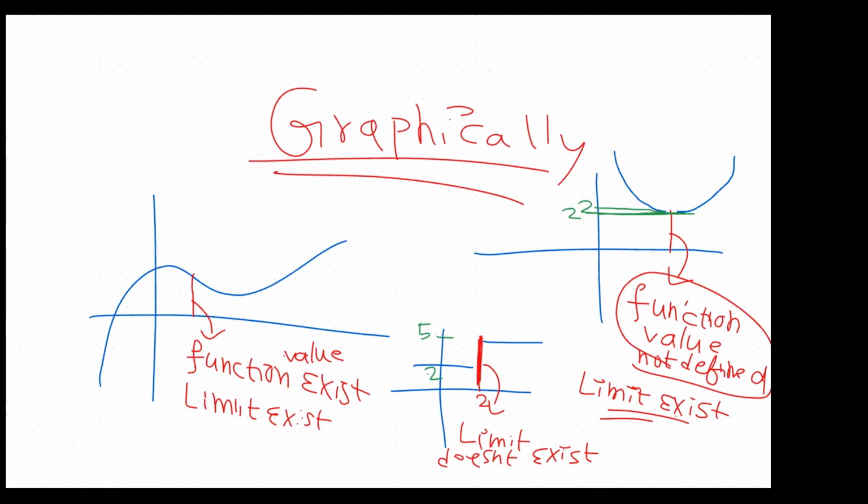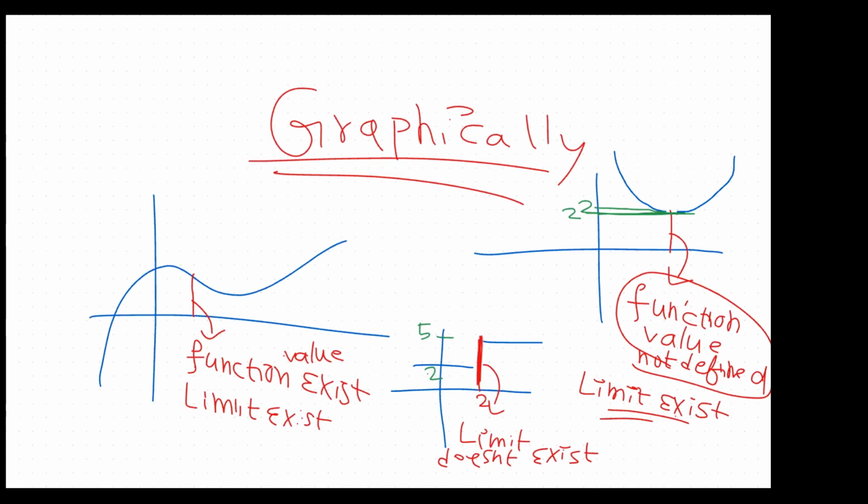If there are no breaking points, what can you say? For every point, the limit will exist. If a breaking point is not there, you can close your eyes and say the limit exists. If you see the graph and you don't have breaks, then you will say the limit exists. When you have a breaking point, you have to be careful.